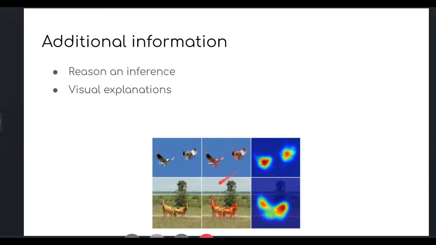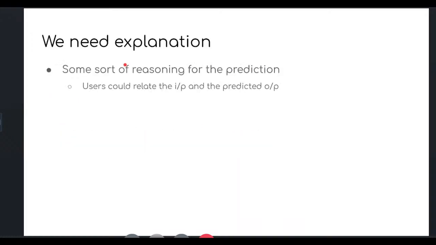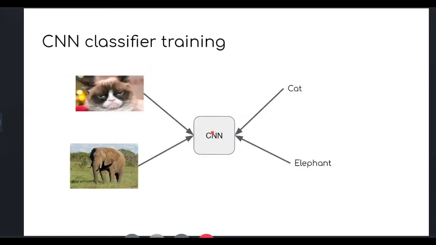But generally, the classifiers are not trained using that, right? How did we train them? We said this is a dog, this is an elephant. We did not say this is particularly the cat, this is elephant. We did not say that, right? We said the label for this image is elephant, the label for this is cat.